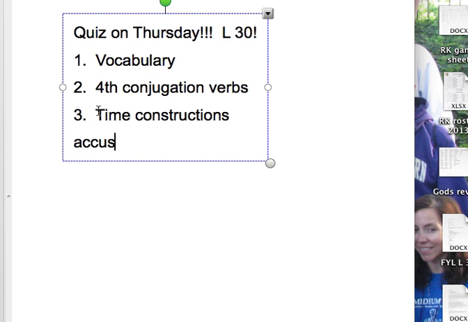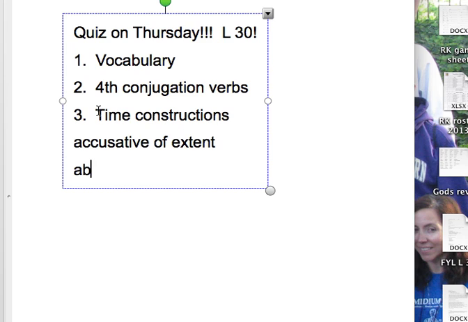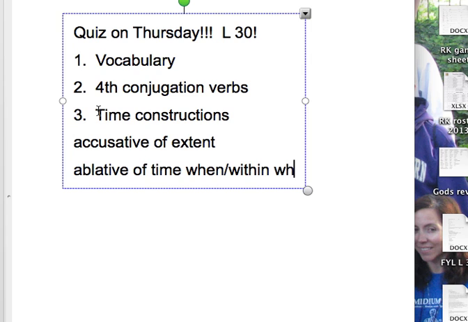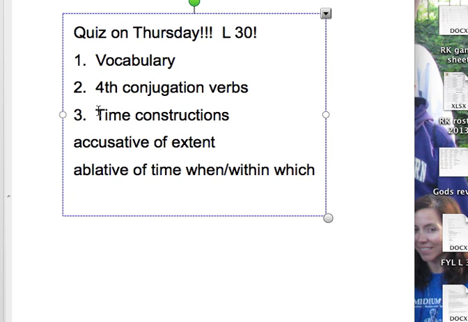You've learned the accusative of extent of time, that's our new one, and you've learned the ablative of time when or within which. So what does that mean? If it's an accusative time construction, you're going to translate it for. If it's an ablative time construction, you're going to translate it in, within, or at, and then the time.